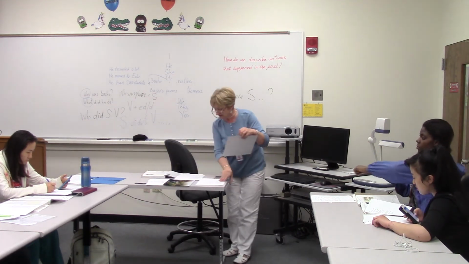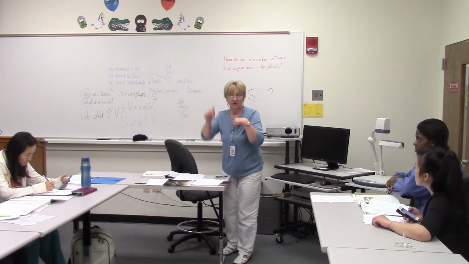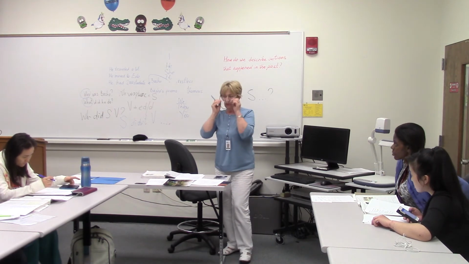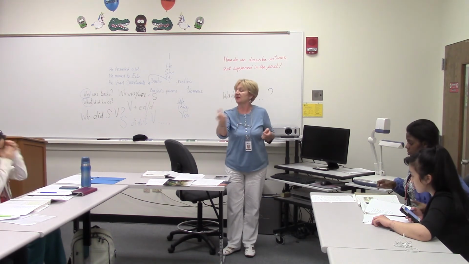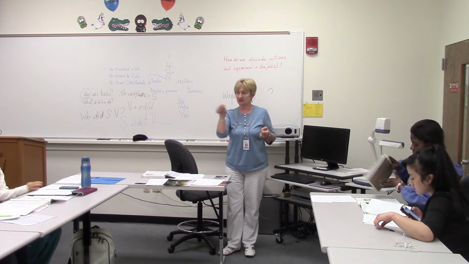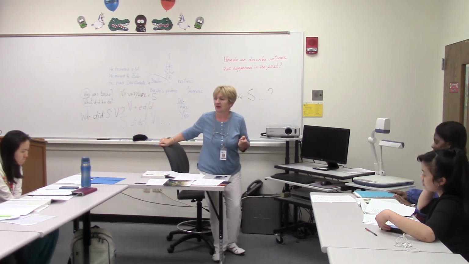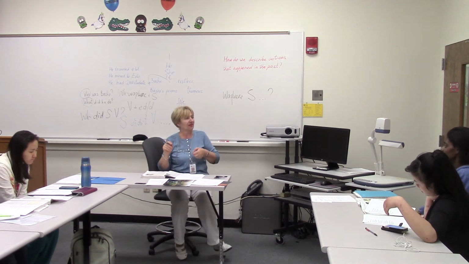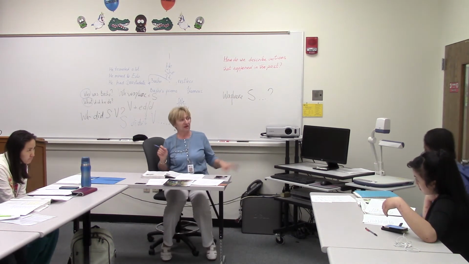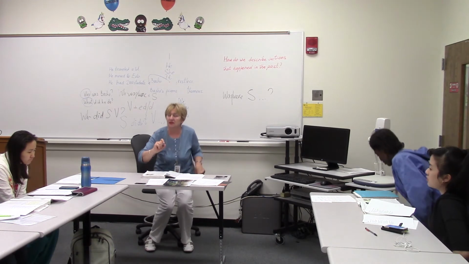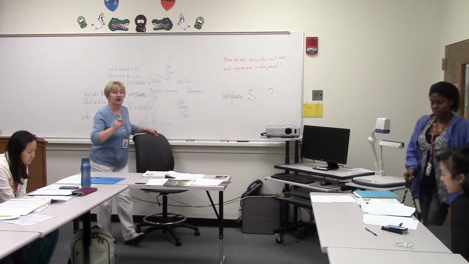Okay, and now, look please at the poem and tell me what color names does the poet use in the poem? What colors does she use? Yellow. Okay. Yellow, yes. Purple. What else? Gray.